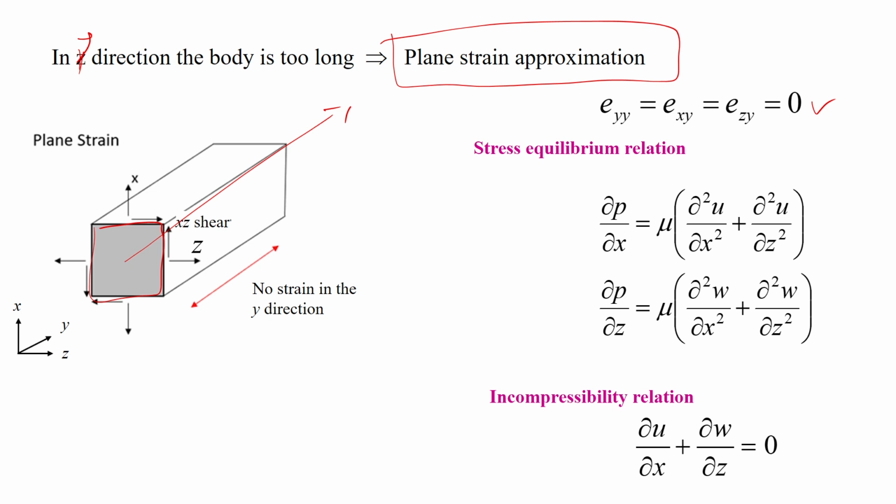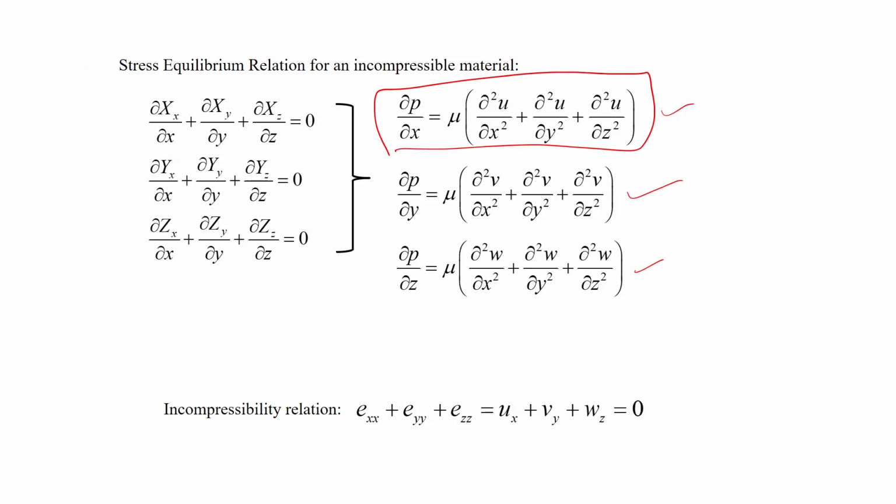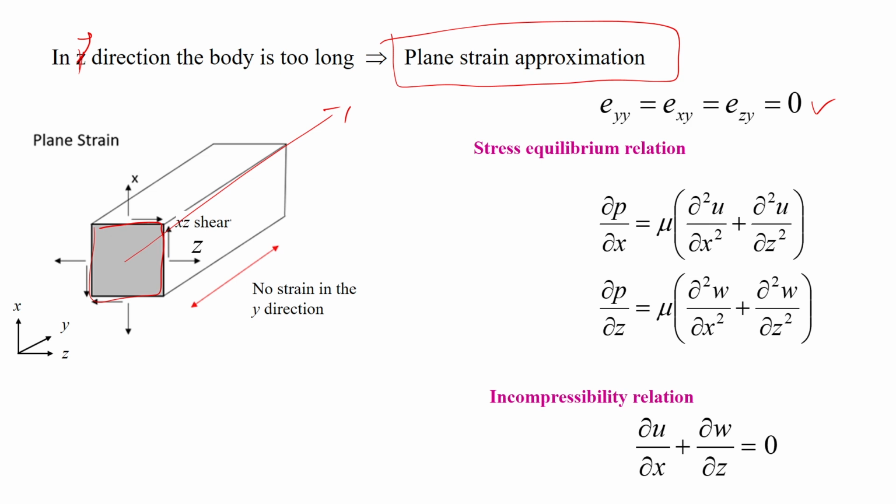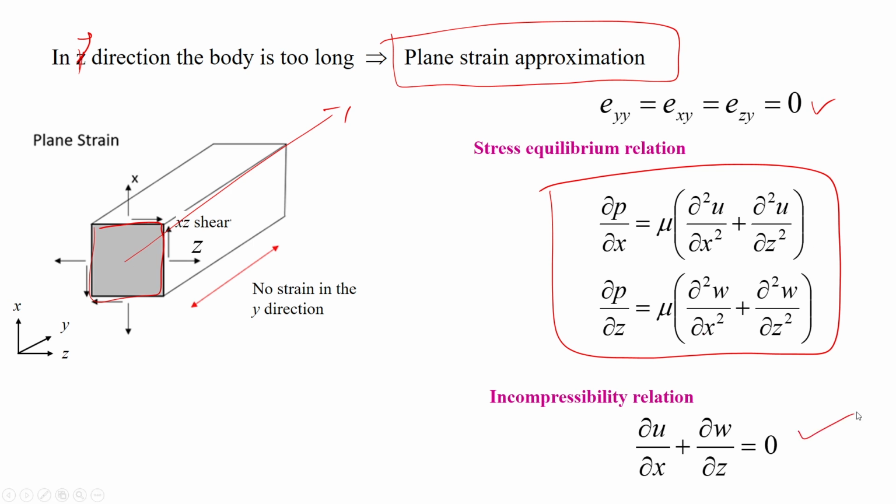Since these are equal to 0, putting E y y, E z y, E x y equal to 0, we can show that we will have only these two relations we need to worry about as far as the stress equilibrium relations are concerned. Del p by del x is equal to mu into del square u by del x square plus del square u by del z square, and del p by del z equal to this, and this is the incompressibility relation.